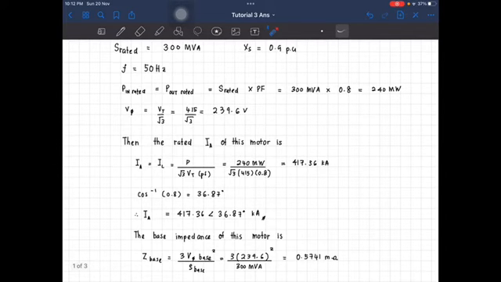Then the rated IA of this motor is IA equal to IL equal to P over √3 times VT times PF equal to 240 megawatts over √3 times 415 times 0.8 equal to 417.36 kA.